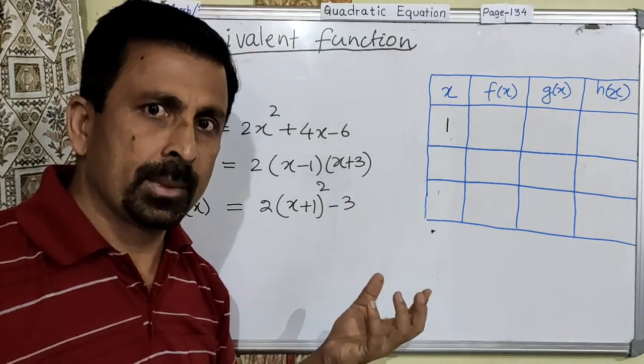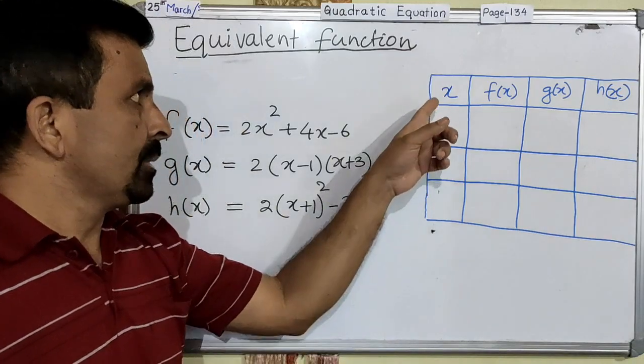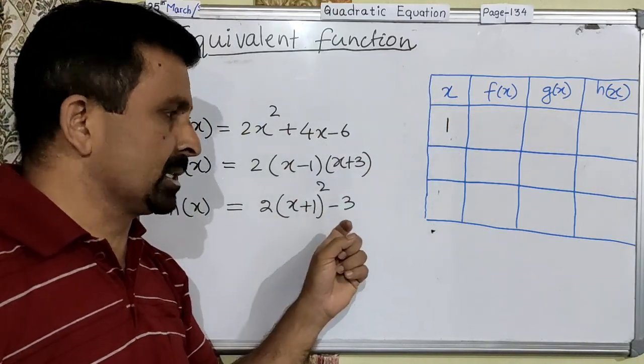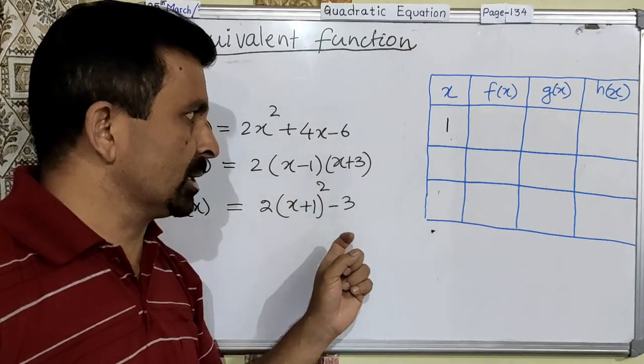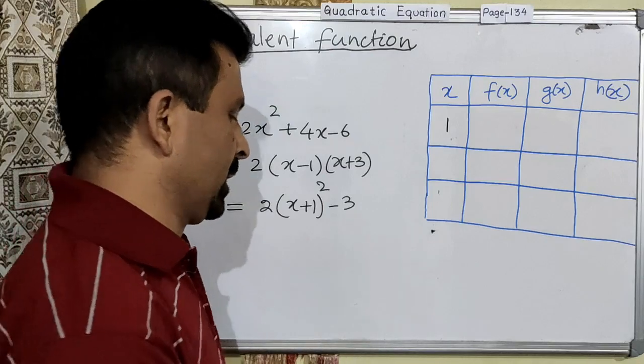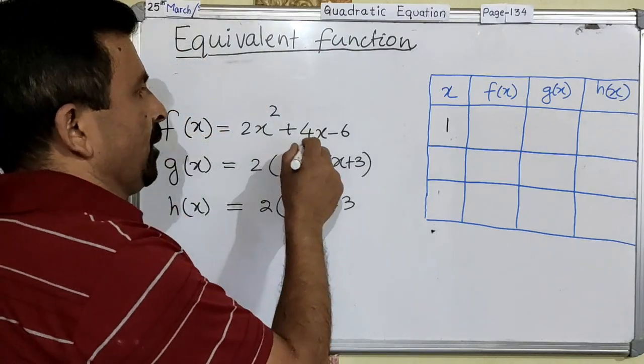Hope you are getting my message. This is the value of x which I am now going to punch into all of these. I will do all this calculation verbally. Keep your ear open. Okay. Now I am going to start with the standard form.